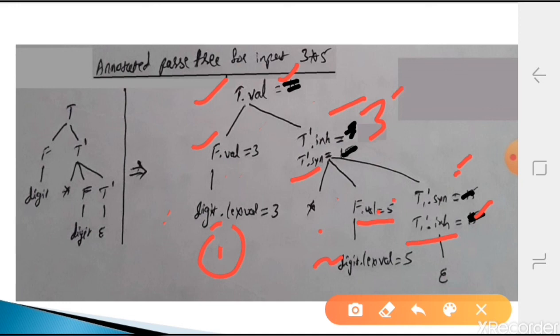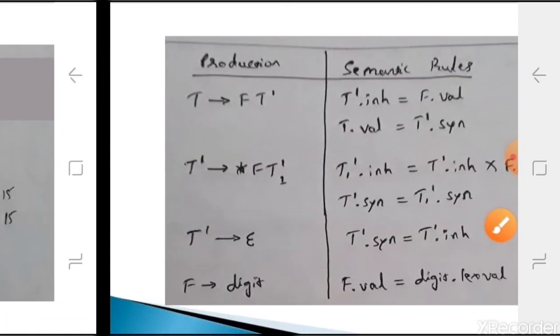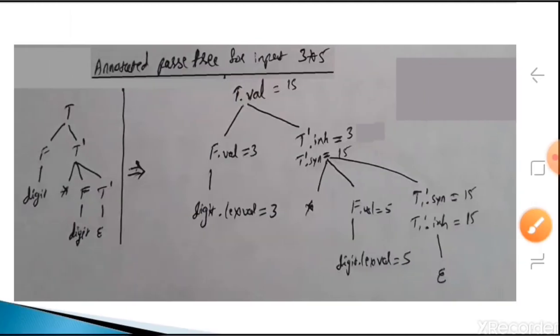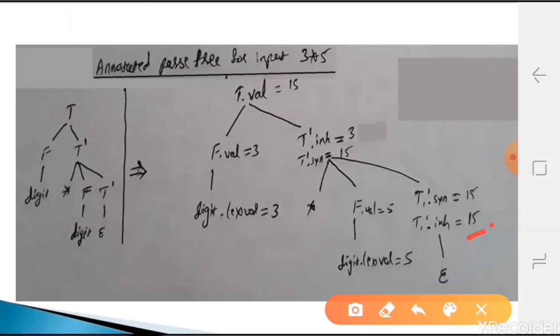Both will be multiplied, so we will get 15. Then t dash dot synthesize equal to t1 dash dot synthesize, so next we can calculate this one, and again the same thing for the next.